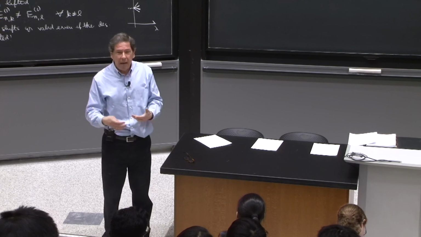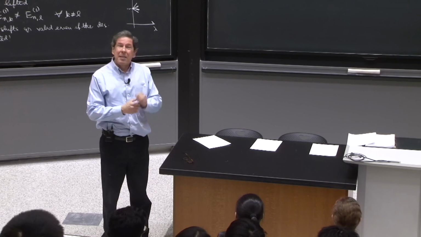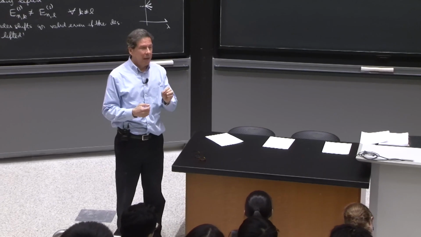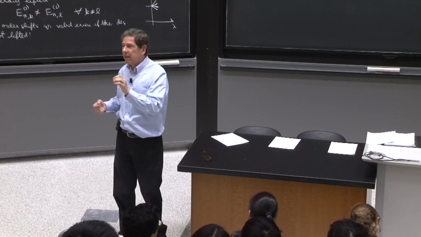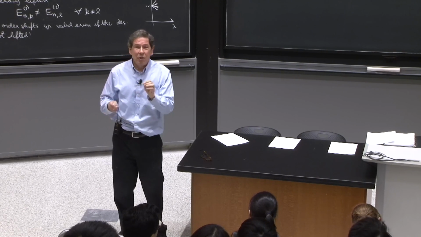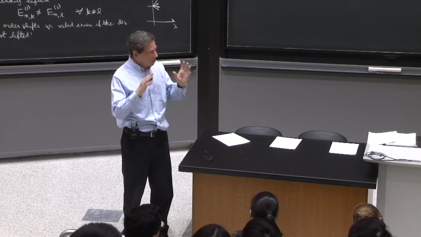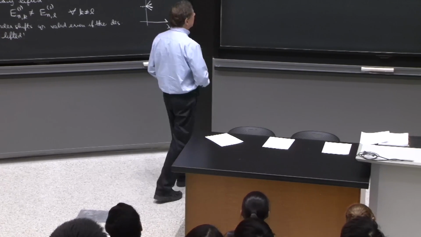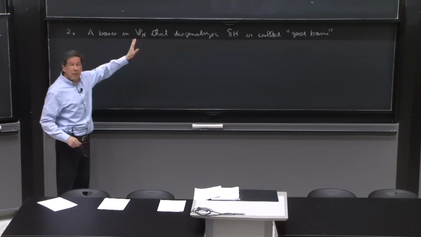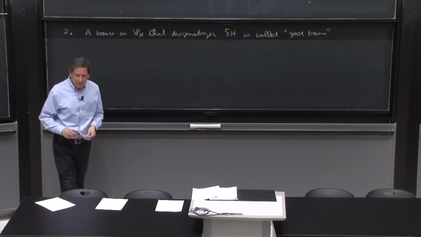I can diagonalize it and check. But sometimes there is a better way, and it helps you explain why the matrix delta H is diagonal. So this is a shortcut. It's a conceptual idea that you can check that delta H is diagonal without diagonalizing it. So here it is.